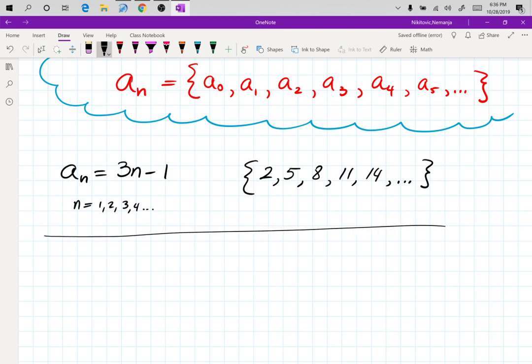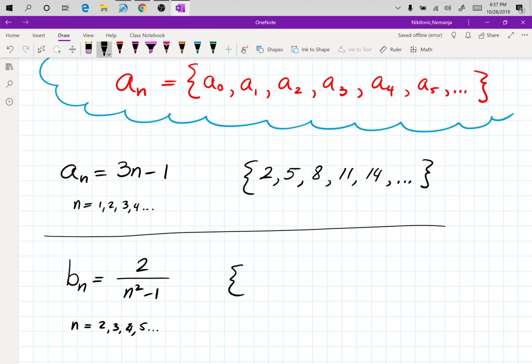That's an example. Another example, say b_n, could be 2 divided by n squared minus 1. Now we have an issue here. Can I start counting at 1? No, because you make the computer explode. So we have to start counting at 2 in this case, because 1 would make the denominator 0.